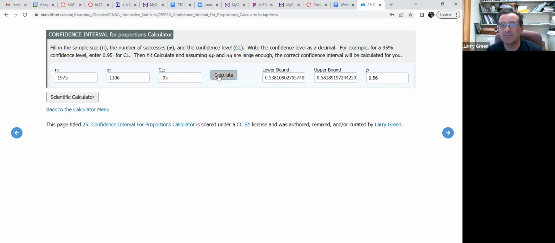And hit calculate. And there's our confidence interval. And this is way more decimals than I care about. How about 3 decimal places? So 53.8% to 58.2%.